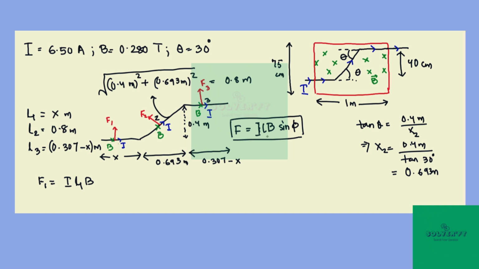So phi is 90 degrees because current and magnetic field are perpendicular in each of the segments. So let's leave this like that. Similarly, F2 will be I L2 times B, and F3 will be I L3 times the magnetic field.